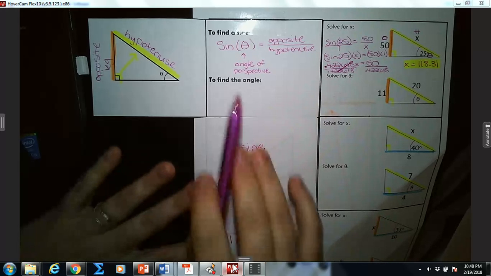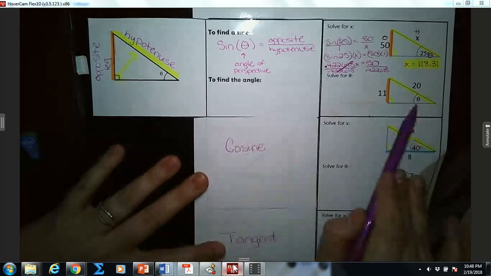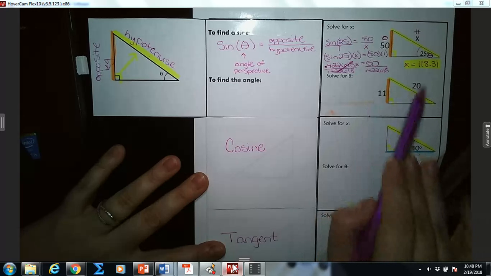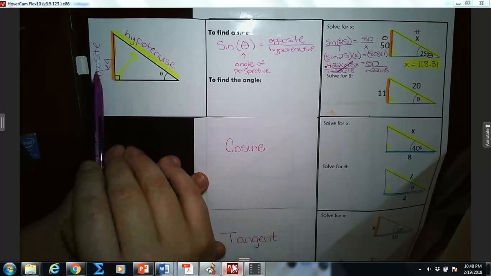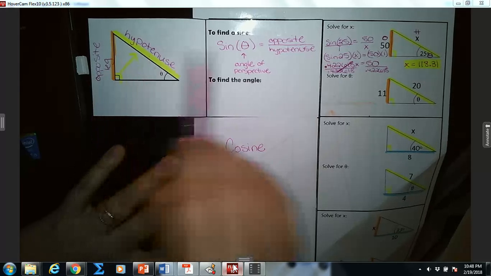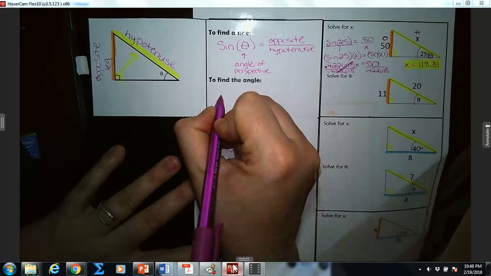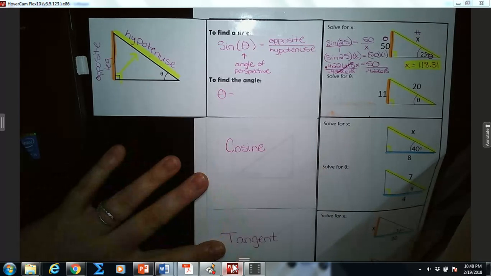All right, next, I still want to stick with sine, but I want to try to find this angle measure this time. I know two of the sides. I want to find the angle measure. So remember, we're working with the opposite leg and hypotenuse leg, and I don't want to switch up the positions. But I need to find the angle. I need to know that the angle is equal to a value.